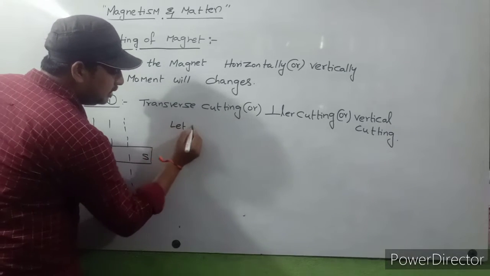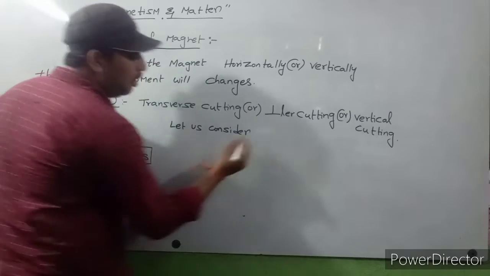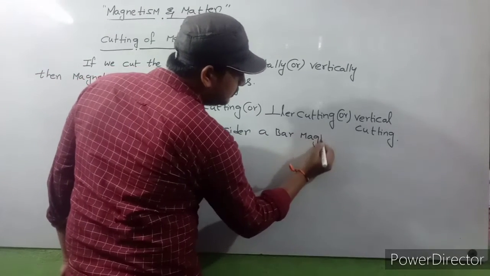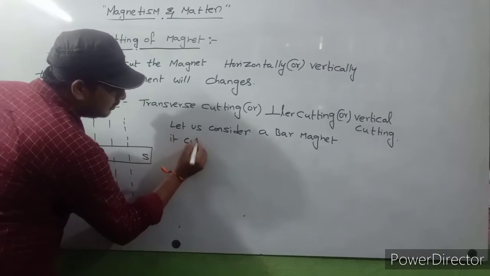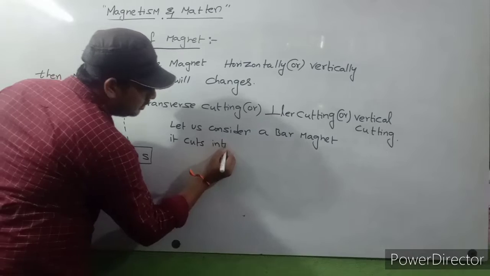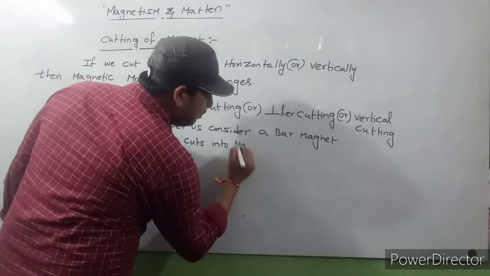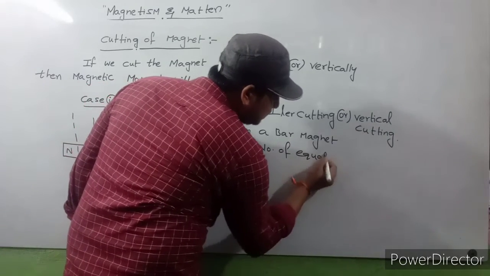Let us consider a bar magnet. It is cut into n equal parts, n number of equal parts.